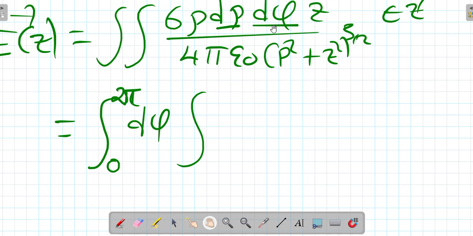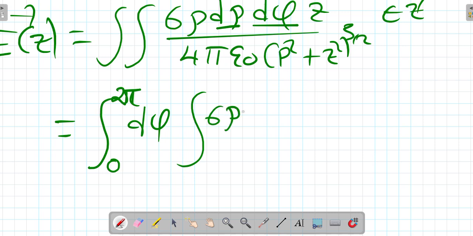So you get one integral with d phi, then with d rho you have whatever is remaining. Because there's a rho in this component, whatever is remaining will remain with rho.